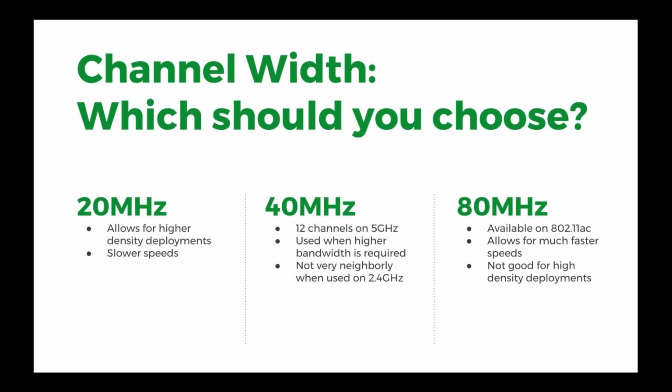And then there's 802.11ac Wave 2 that uses even double that with 160 megahertz. And so that's something that is available and coming down the road from us soon. But it's something that you want to use in situations where you know that you're not going to have very many other networks around.